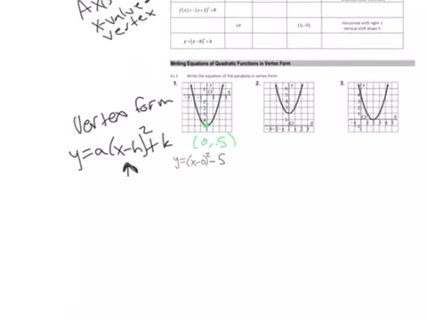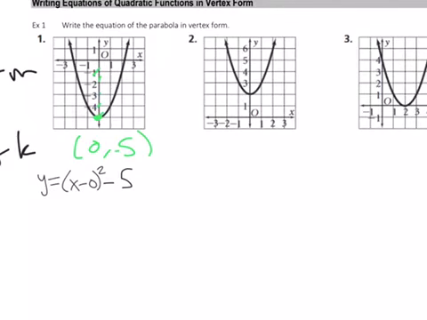Let's try it with our other one. This one looks very similar. Okay, our origin is right here, so we can see that it has actually moved up 1, 2 spots. So our vertex is now going to still be a 0 for the x value, but a positive 2 as the vertex. So let's rewrite that in vertex form. Vertical stretch appears to be the same, so we're going to make it x minus 0.